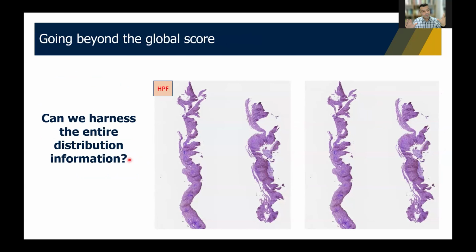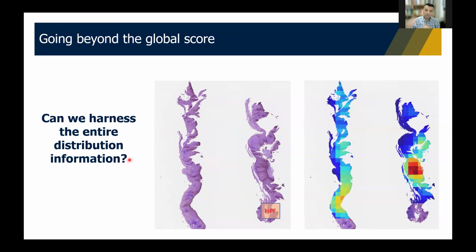We have a tool that can capture the gold standard and can tell us the peak eosinophil count. But now we have much more than that, right? Because now we don't have only one number that tells us, okay, in this biopsy, there are more than 15 eosinophils in this area somewhere along the way.